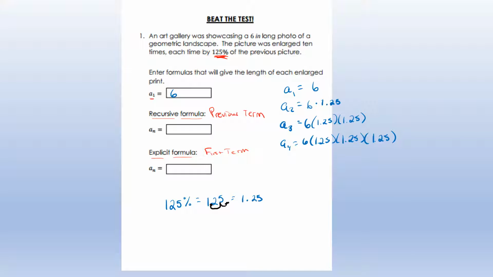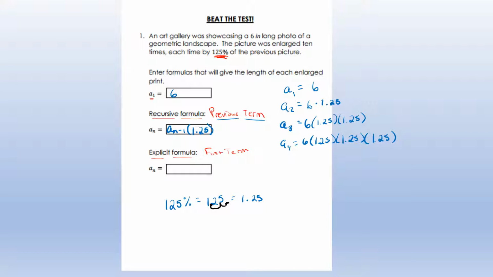So what is our recursive formula? Well, remember, we're using the previous term. So if I'm looking for an, I'm going to use an minus 1. And what am I going to multiply that previous term by? In this case, I'm multiplying it by 1.25. So whatever the number was before, I multiply by 1.25 in a recursive formula.